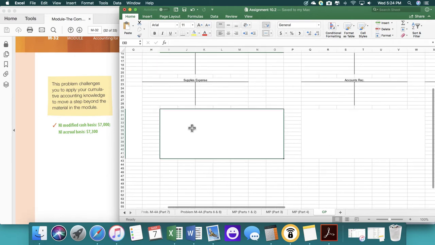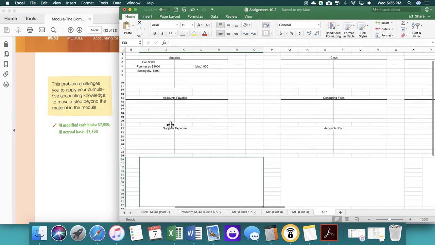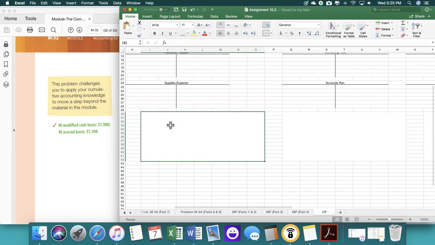And in the boxes below, we're going to explain depreciation. So how you got to the depreciation for the computer. How did you calculate that? With the accrual basis, why is it this way versus the modified cash basis?